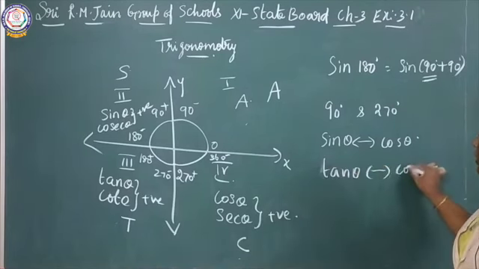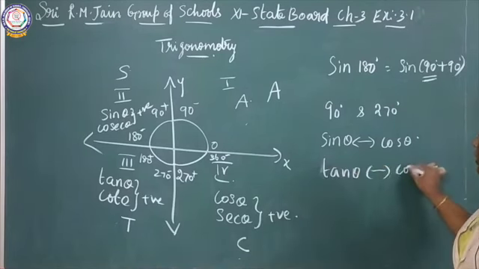See, 395 degree. How many 360s are there? 1 into 360 degree, 395. 395 minus 360, what is the remaining thing here? 35 degree. So you will write 1 into 360 plus 35 degree.